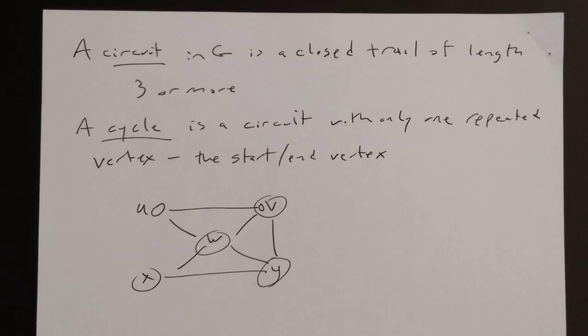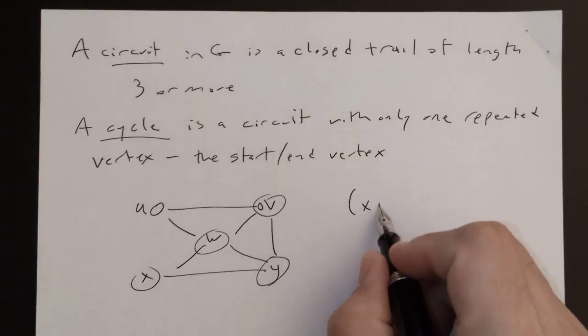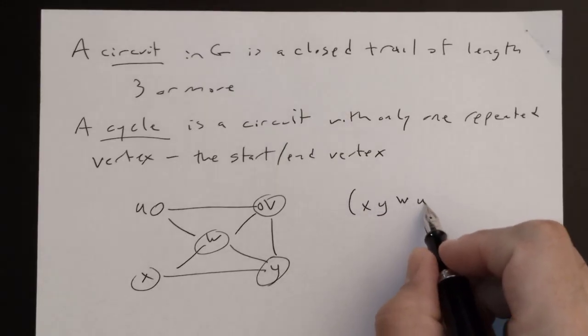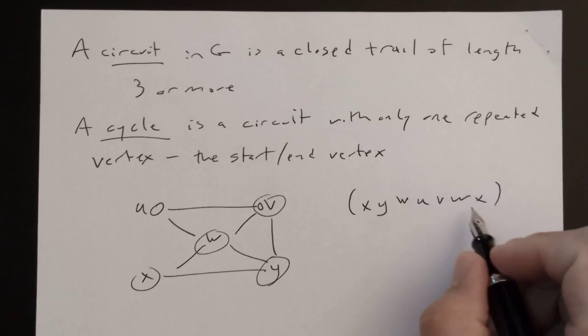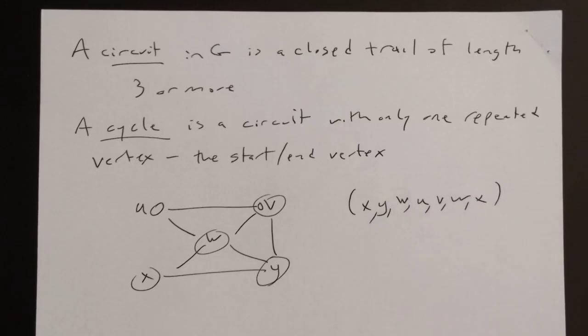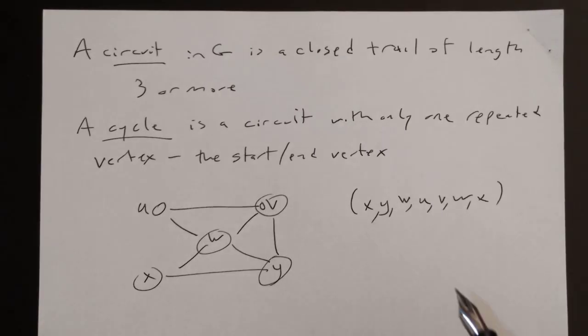So I could take a circuit like this, X, Y, W, U, V, W, X. That's a circuit.